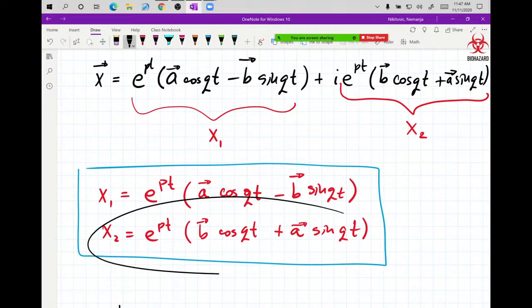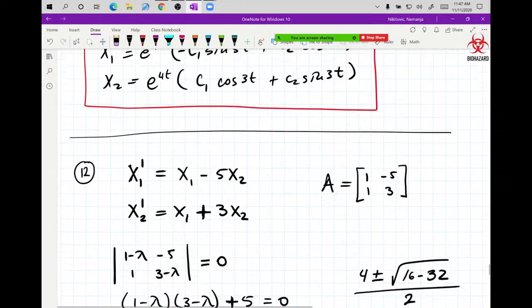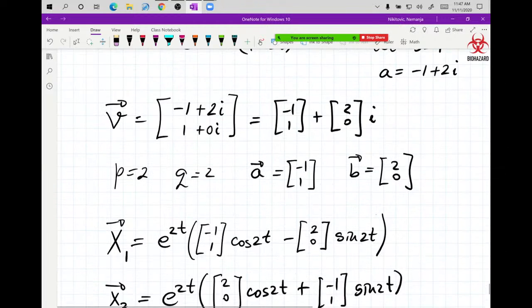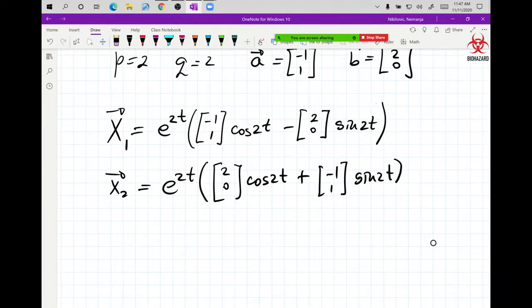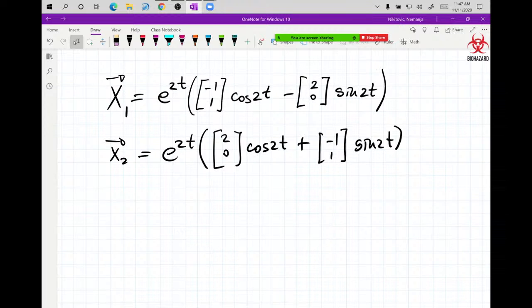There we go. So this one, I was missing the whole second piece, right? So this is the second one, and now there we go.